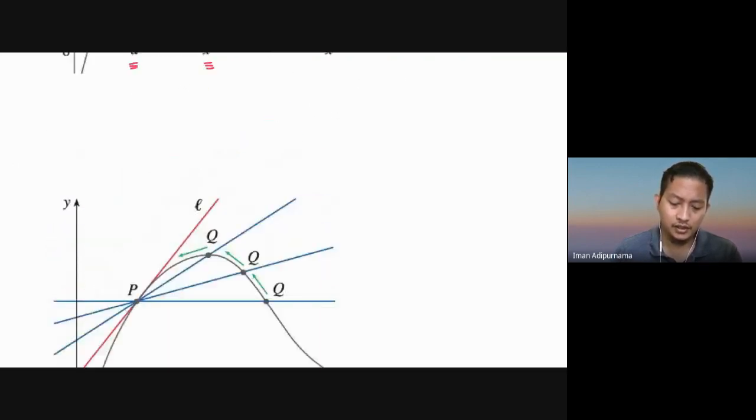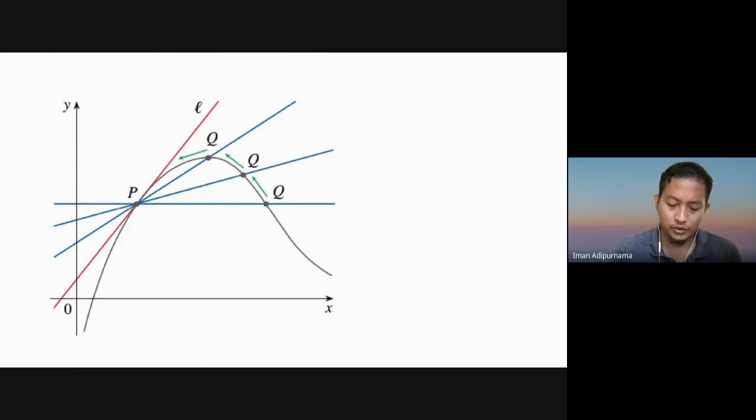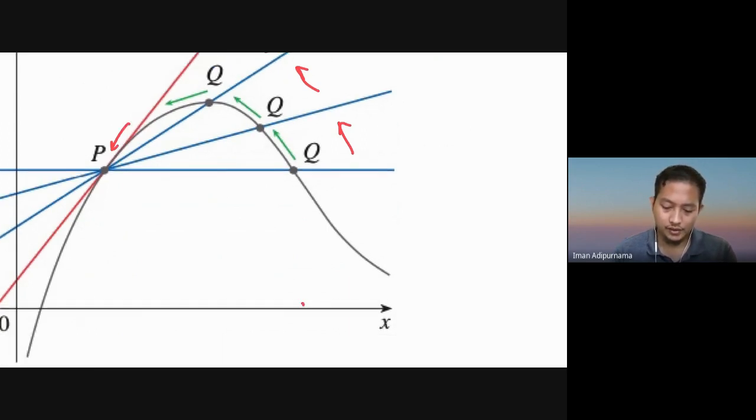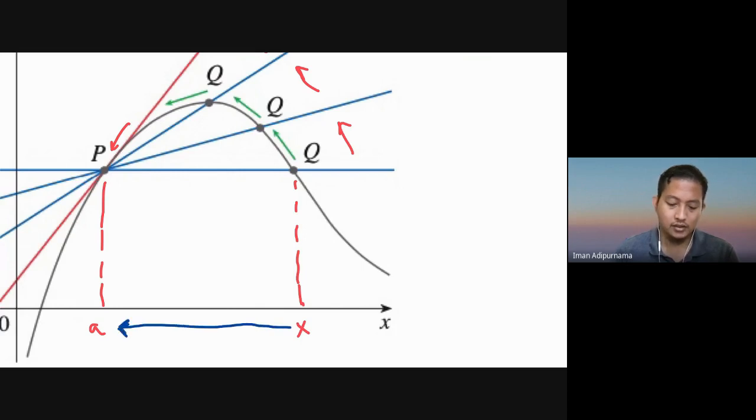Let's imagine, from this curve, the point Q is moving to the left, moving along the curve, and eventually this Q will get closer to P. So let's say this is X here, and this is A. So your X here is approaching number A.